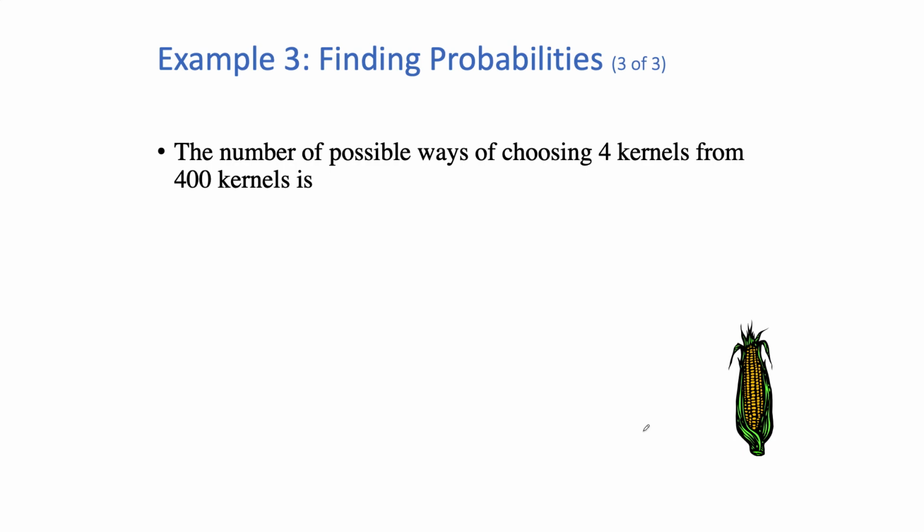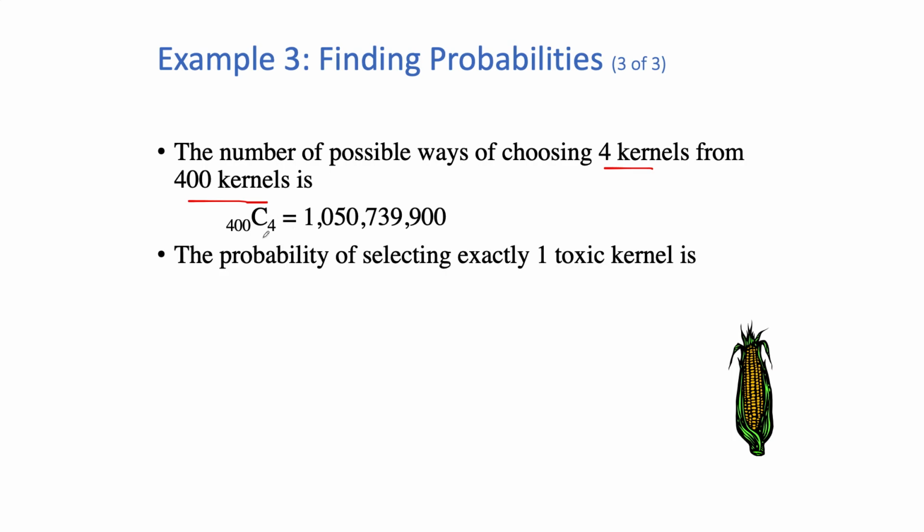Okay. So if I want to find the probability, if I'm not looking for a specific sample which consists of 3 non-toxic and 1 toxic, if I'm just going to choose at random, I have all 400 kernels to choose from. I'm going to choose 4 of them at random, so the number of ways I can choose 4 random kernels from 400 possible ones is 400C4.